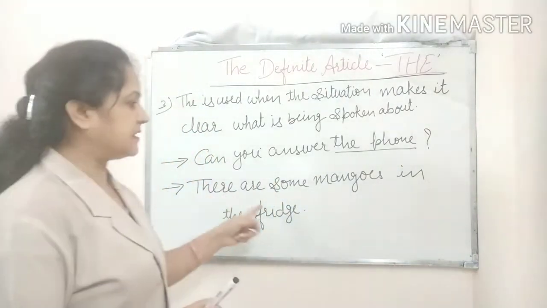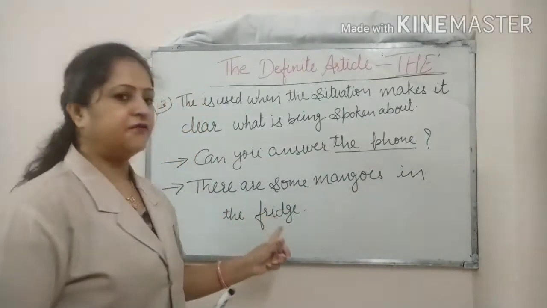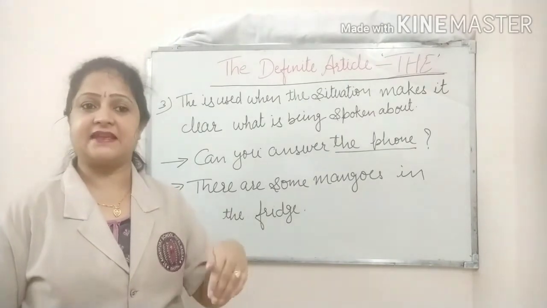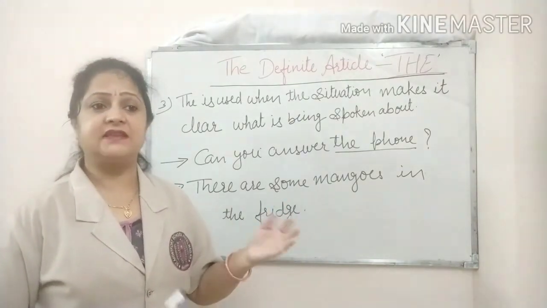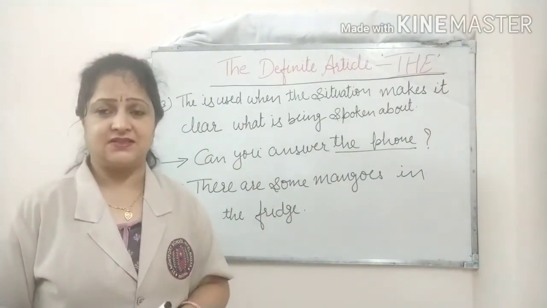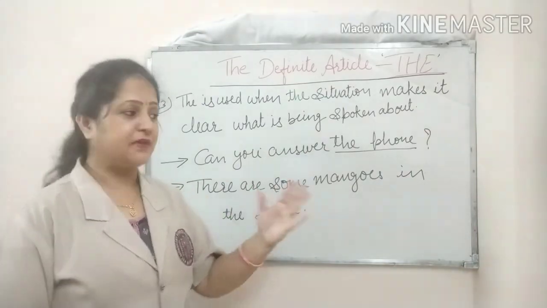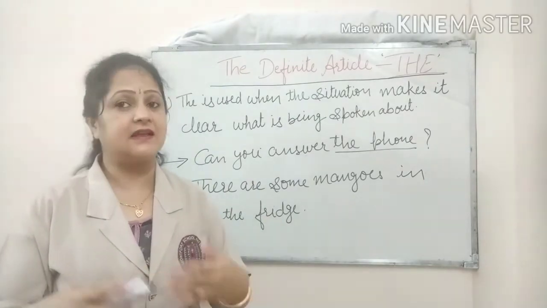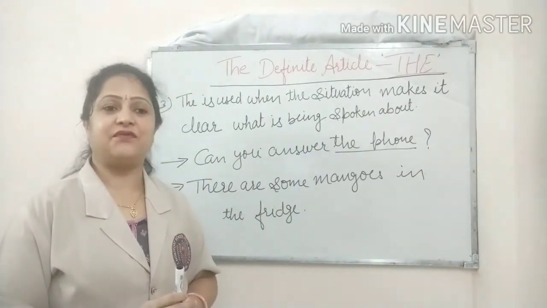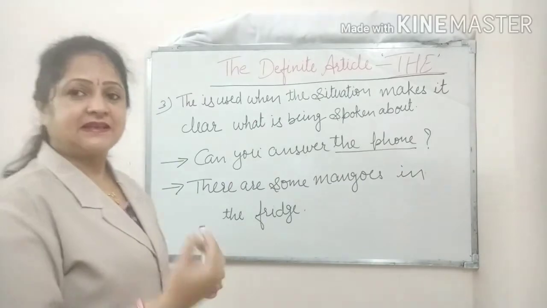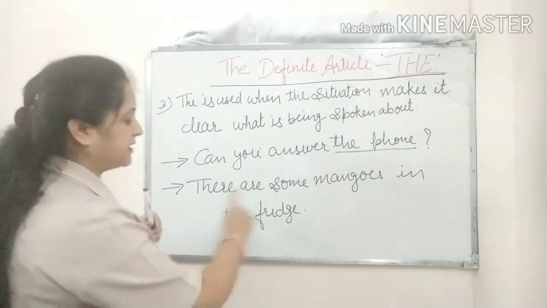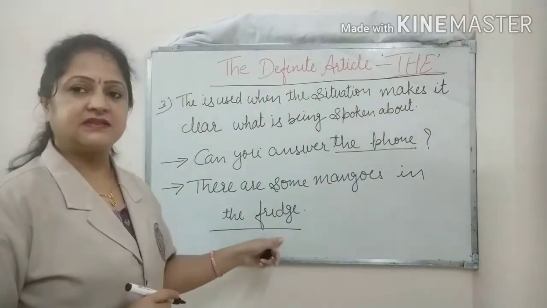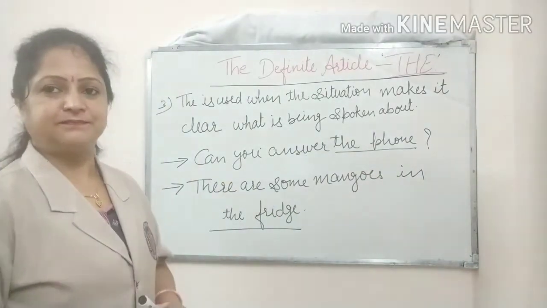If the speaker says these words, it is because there's probably a fridge, and both the speaker and the listener know that there is a fridge. Therefore the speaker is using the fridge in the sentence.